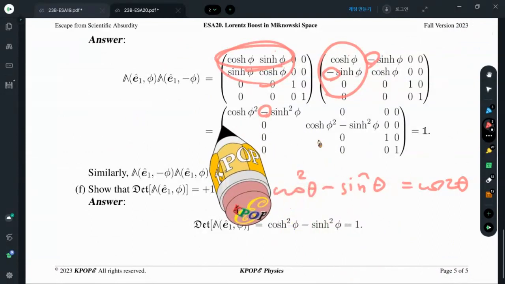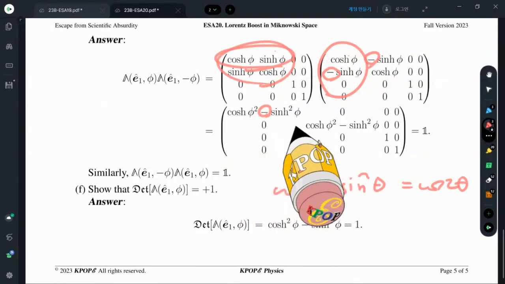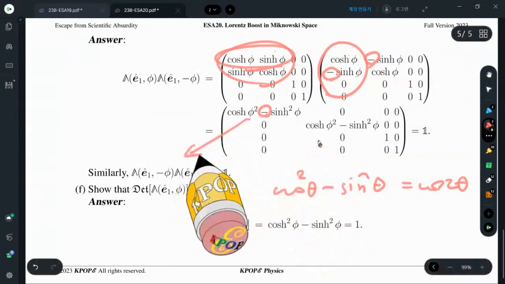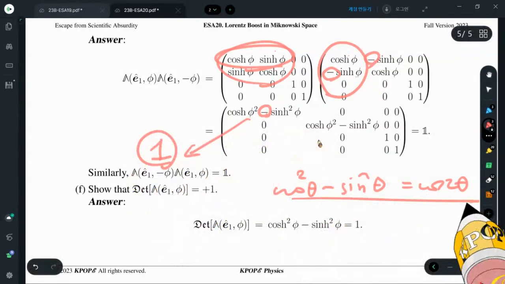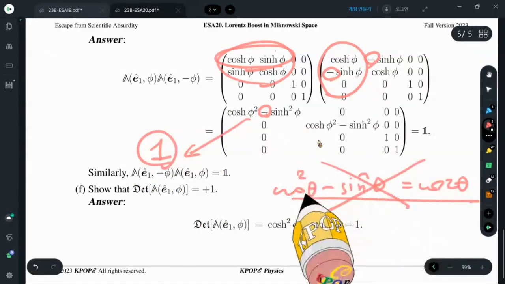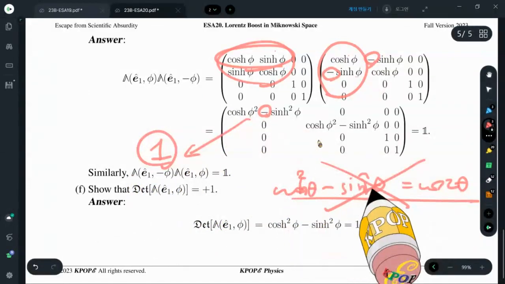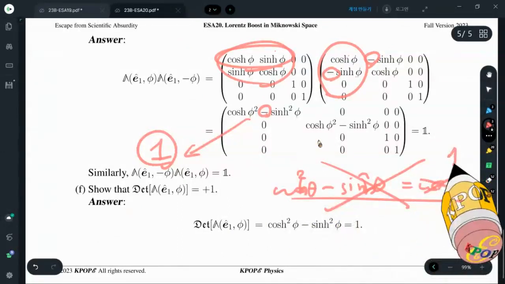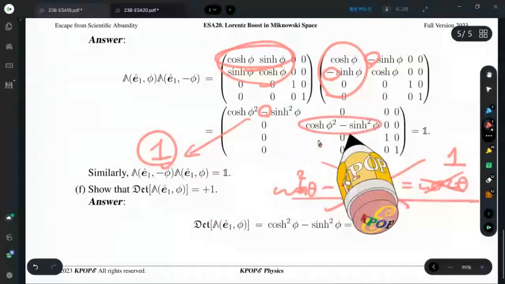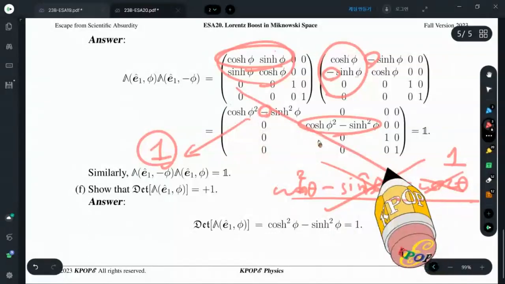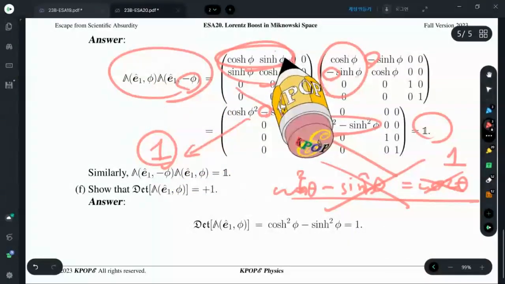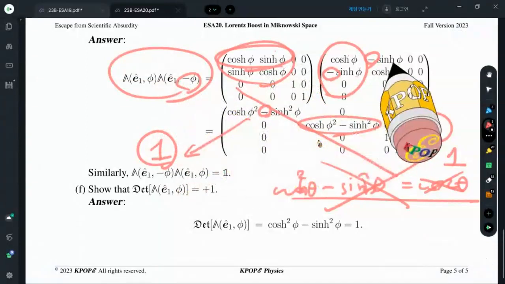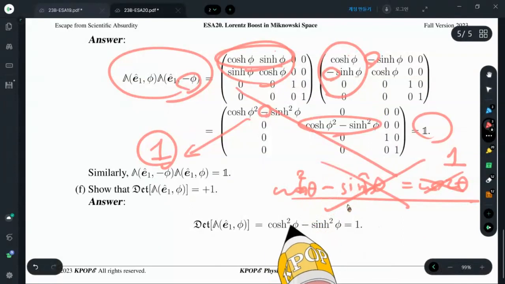This is a hyperbolic. It is just one. It's not cosine, sine like this. It's hyperbolic. Then it is just one. The same is true for all the diagonal components at 1. Then it means if I substitute the parameter minus phi, it is the inverse.